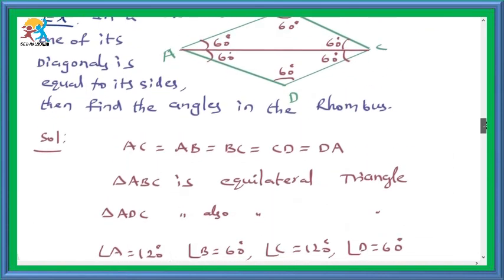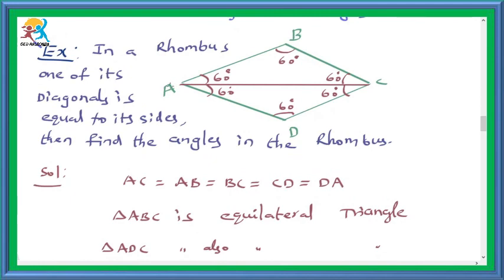Angle A is equal to 120 degrees, angle B is equal to 60 degrees, angle C is equal to 120 degrees, angle D is equal to 60 degrees. This we can also remember as a property. If in a rhombus one of its diagonals is equal to its sides, then the angles in the rhombus are 120 degrees, 60 degrees, 120 degrees and 60 degrees. Like this we have to remember.